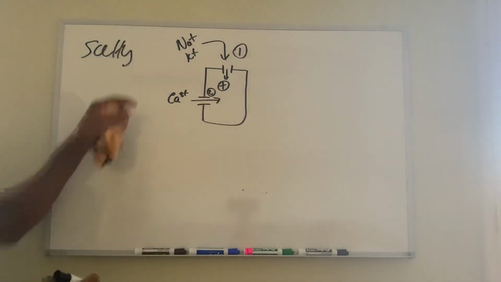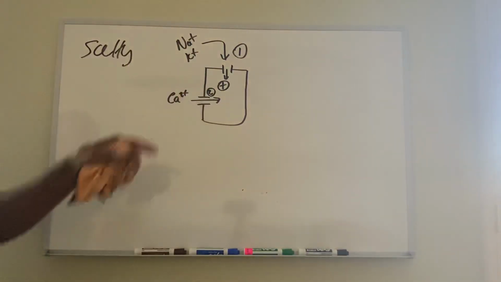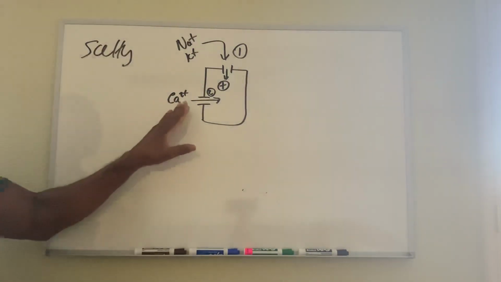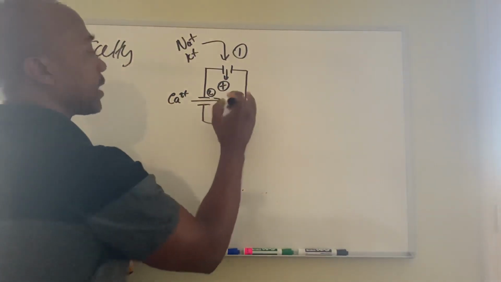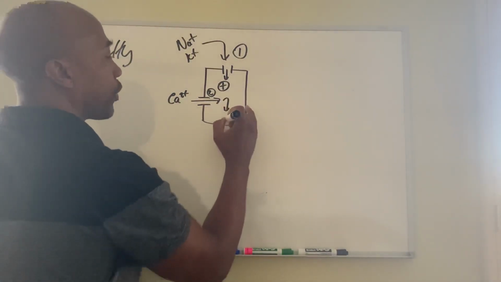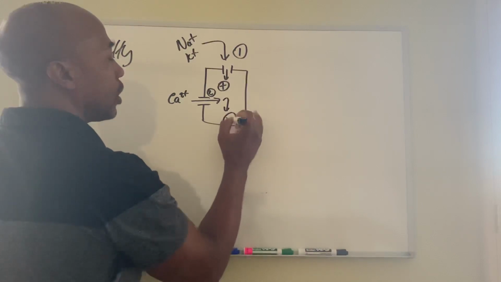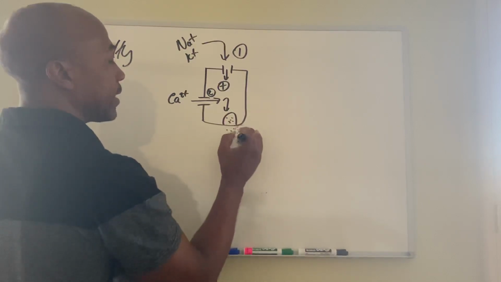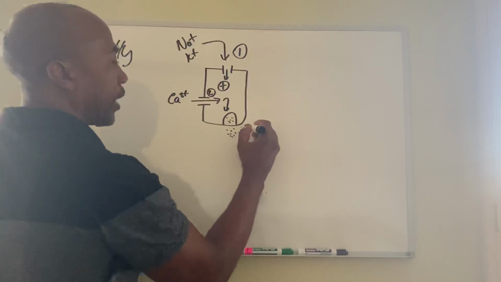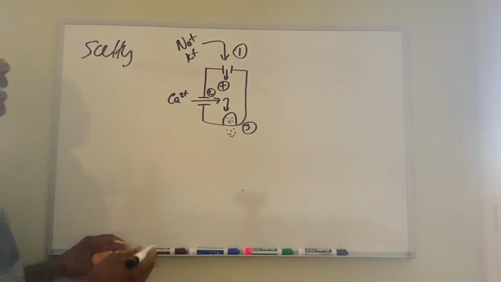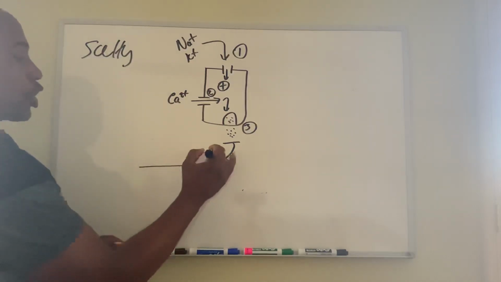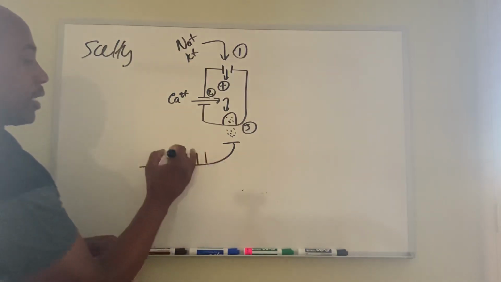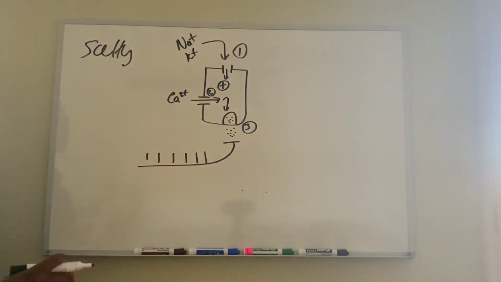And then calcium will trigger the cell to release NTs. That's step 3. NTs are released, and then those NTs will activate the neurons to create action potentials. And so you can sense salty that way.